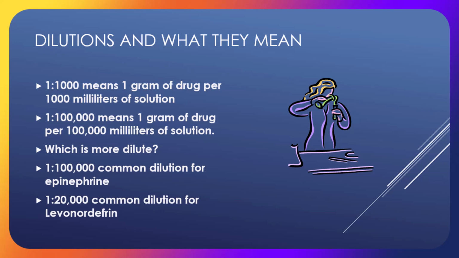So the 1 to 100,000 common dilution for lidocaine with epinephrine and the 1 to 20,000 common dilution for mepivacaine with levonordefrin are equally as potent because of the concentration. Levonordefrin is 1/6 as potent, so it is in a higher concentration.